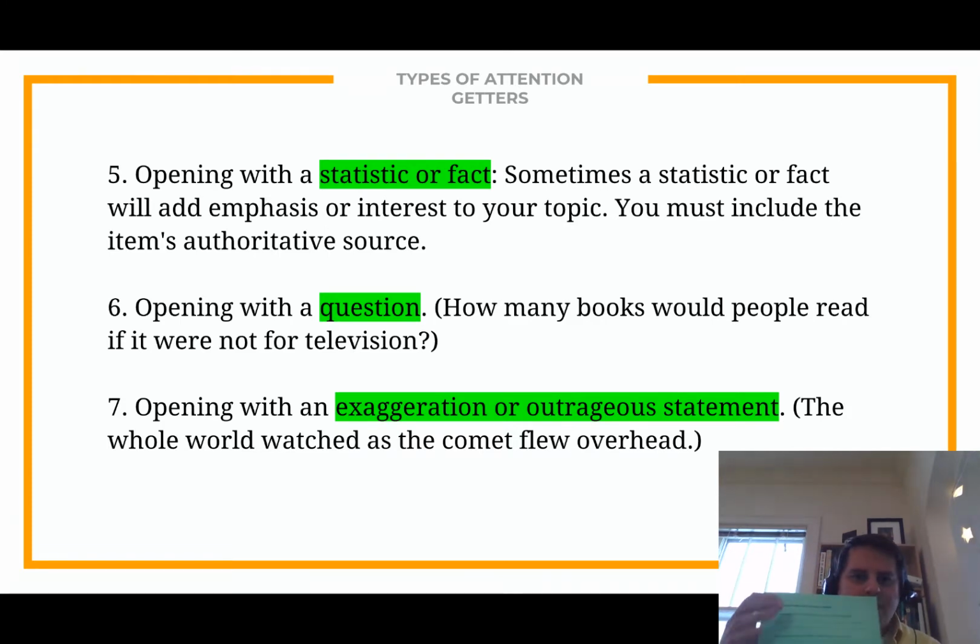After you've done your attention getter, really what you want to do is explain your attention getter. How does it relate to your paper and to culture? I kind of mentioned that as I was going through some of these options. Also, in your introduction, I'd like you to try to define culture in your own words. What does culture mean to you? Now that we've studied it, you should have a pretty good idea of what that is.